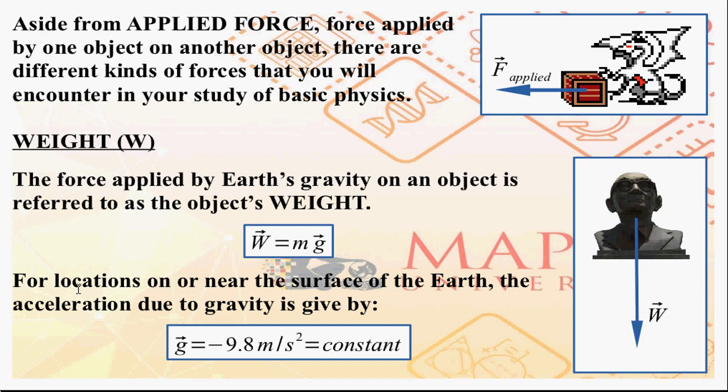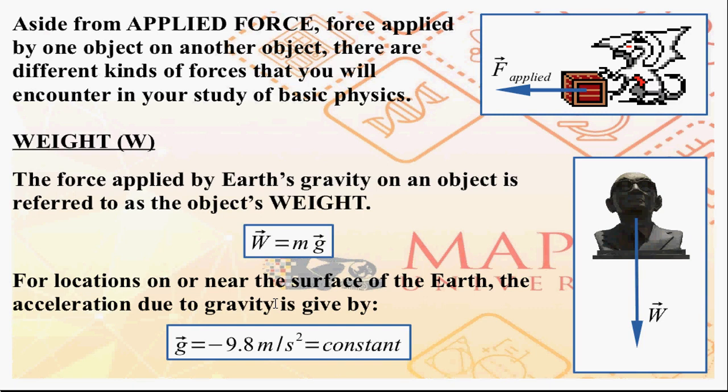For locations on or near the surface of the Earth, again, this will be the default situation for most of the problems and objects that you will encounter in our course, the acceleration due to gravity is given by vector g equal to negative 9.8 meters per second squared, or negative g, where g is the magnitude of acceleration due to gravity, and the vector g is constant for locations on or near the surface of the Earth.